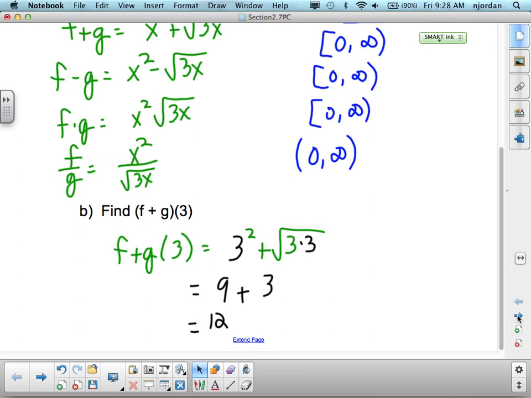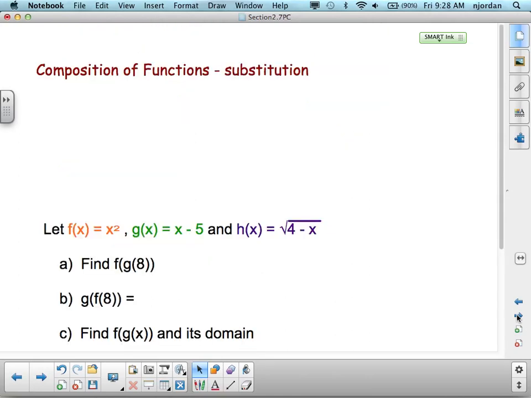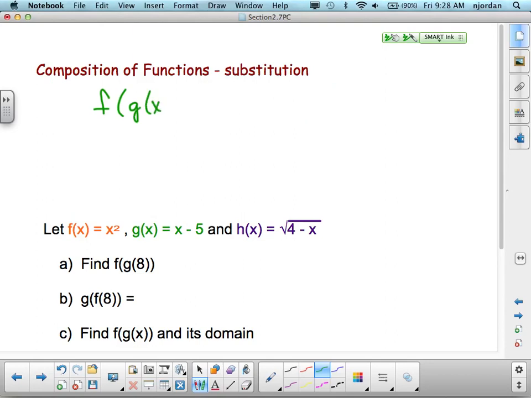Okay, all right, the composition of functions is what we do when we substitute. Now, there's a couple different ways you're going to take a look at this. Sometimes you'll see it written like this, which means f of g of x. Sometimes you see it with this little circle symbol between f and g, or even f of g of x.